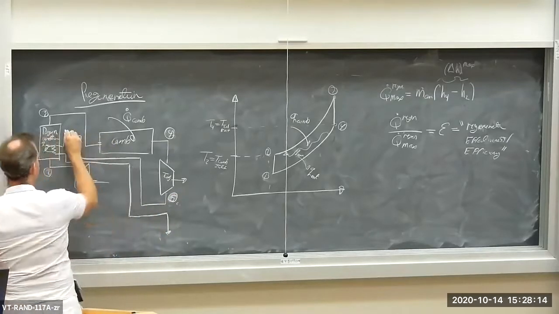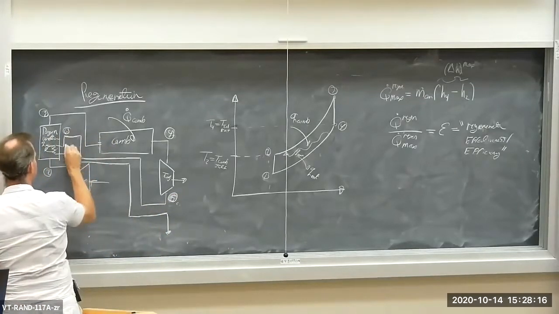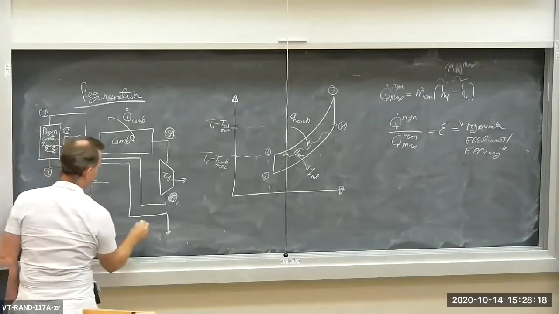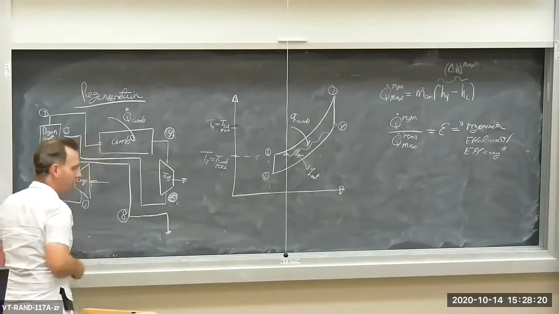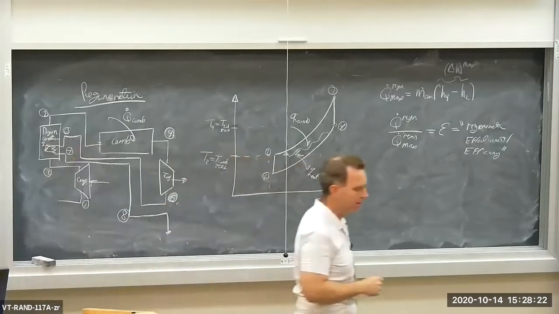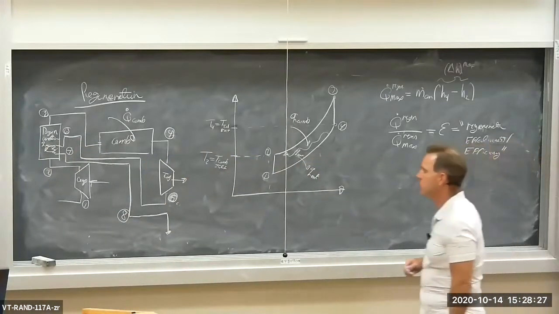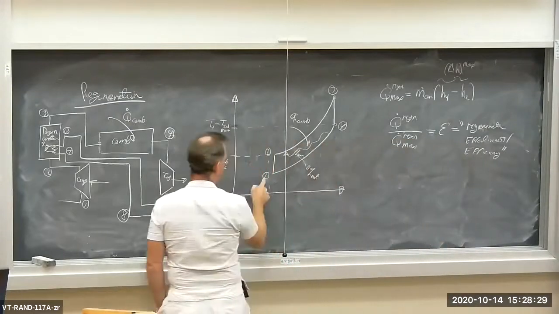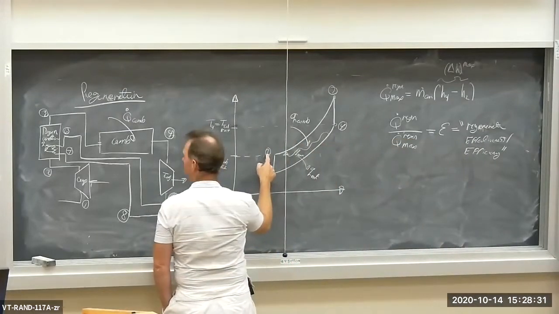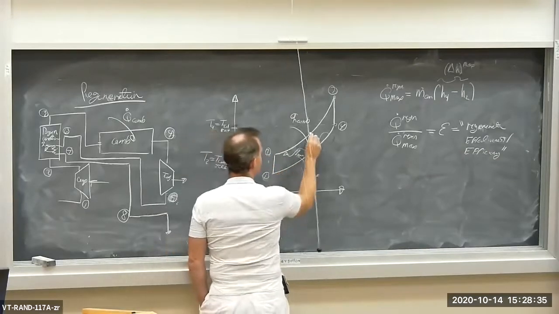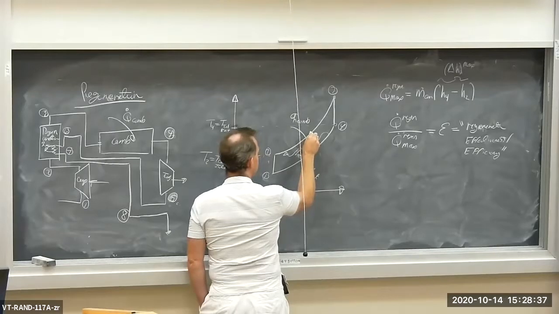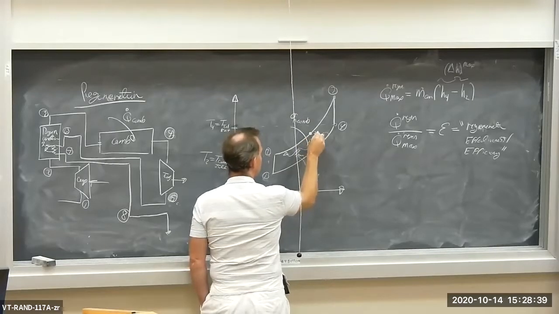Then I have a 6, a 7, and finally I have an 8. So I have some additional states here. So 1 to 2, and then the regenerator outlet state is state 3.